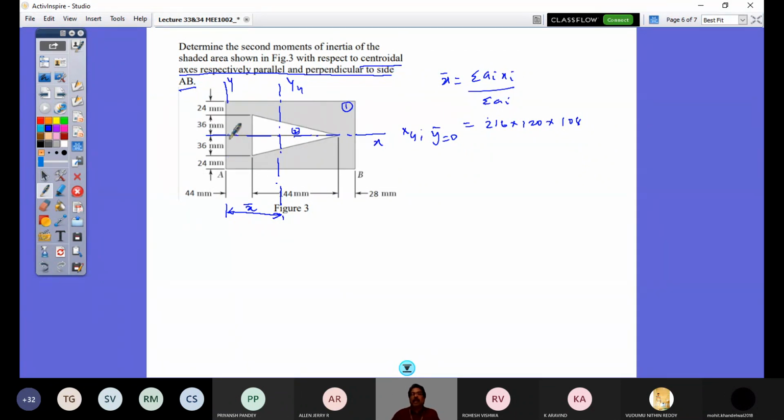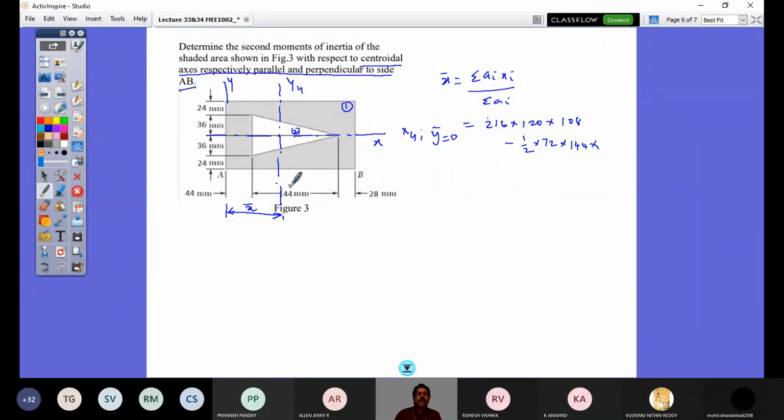this triangle one. So what is the triangle area? Half into what is B? 72 into H. What is it? Sorry, 144 into x2.